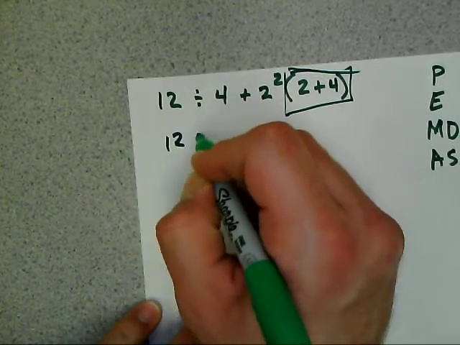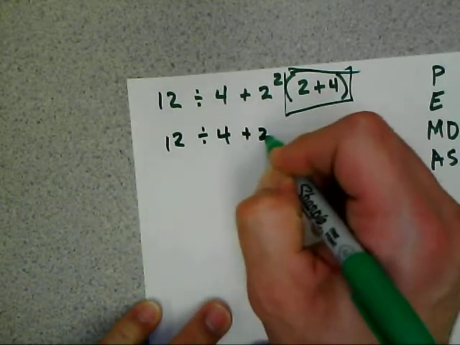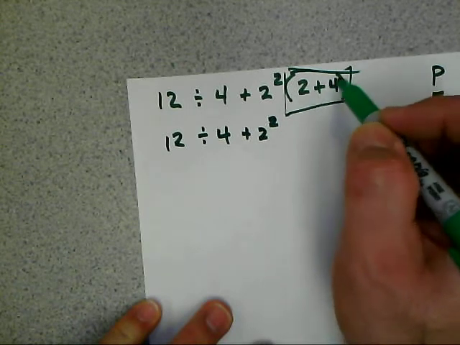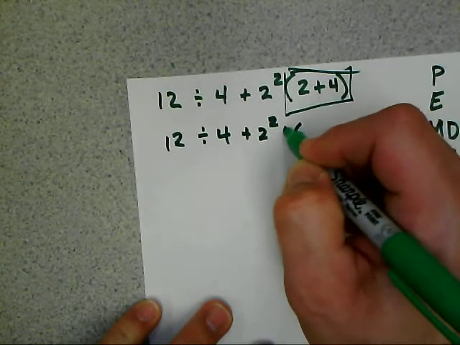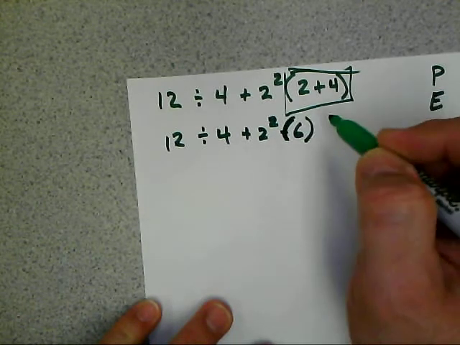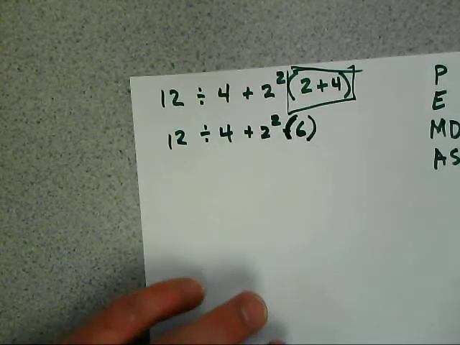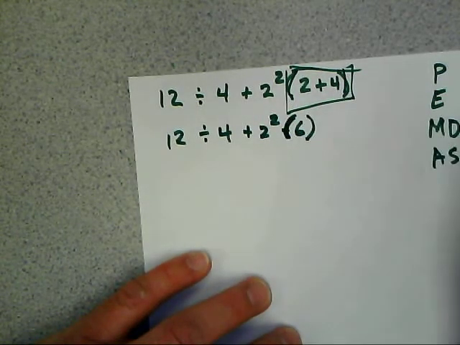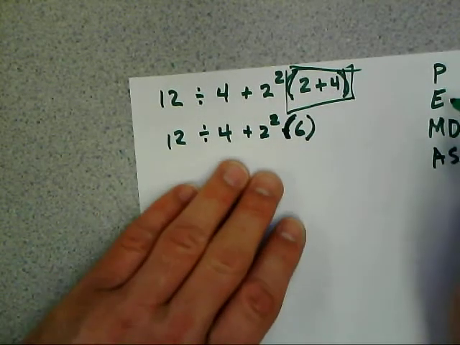So we're going to write everything else down just to be organized. And we're going to do 2 plus 4, which is 6. And whoops, we're going to multiply that. So we can put it back in parentheses, or we can put a multiplication symbol in there. Because it is in parentheses, it is next to it, that means multiplication. We have no more parentheses realistically.